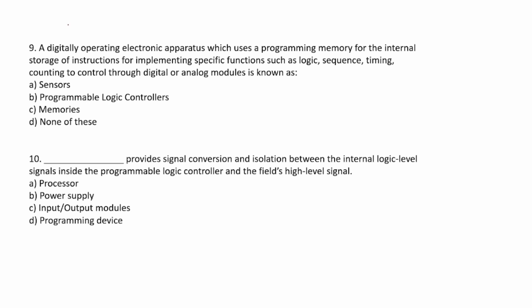Here one question is given: a digitally operating electronic apparatus which uses a programming memory for the internal storage of instructions for implementing specific functions such as logic, sequencing, timing, counting, to control through digital or analog modules is known as what? That is what we have talked about right now. It is a digitally operating electronic device used to control and automate industrial processes.